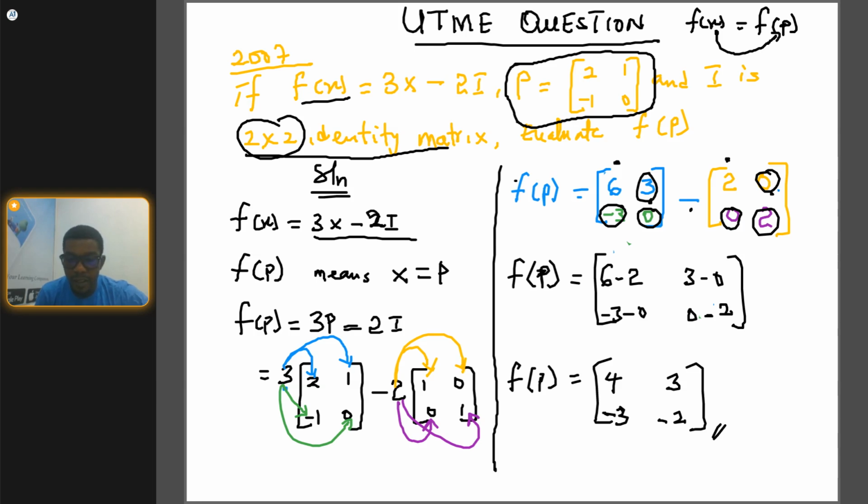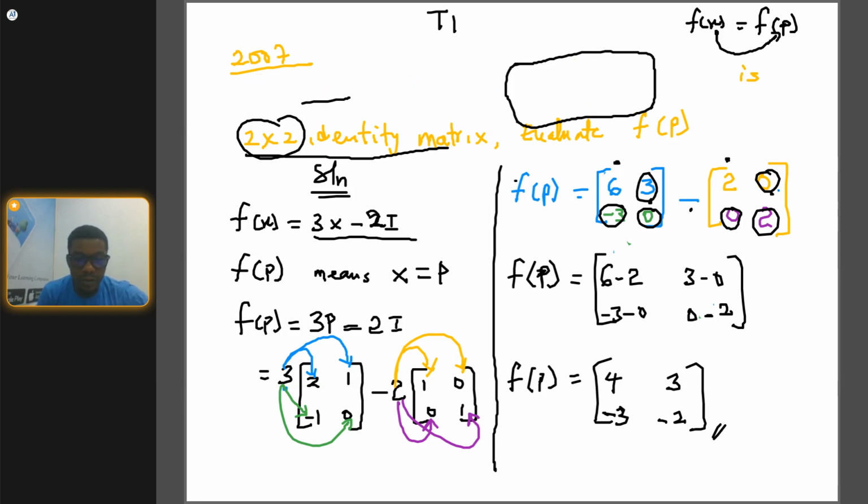Okay, let's go on to have the next question solved. We are still on solving UTME questions. All right, so let's take another question based on the UTME.